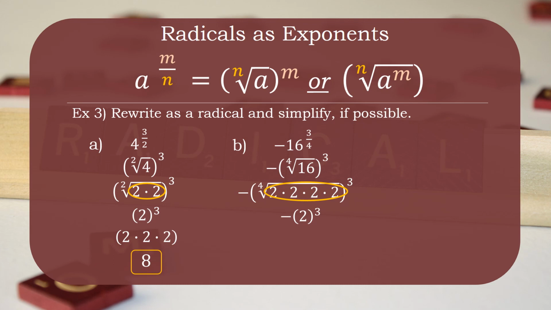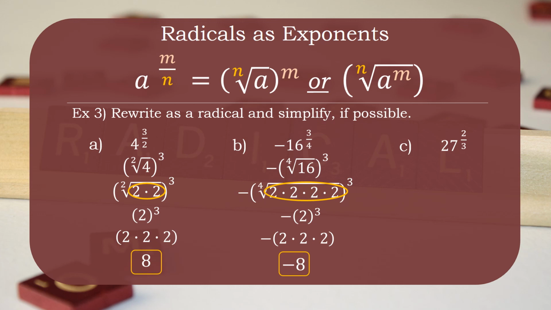Inside the grouping symbol, we have our 2, but our exponent is still on the outside. Now, according to order of operations, what comes next? Multiplication or exponents? Well, exponents, which means we write this as negative, still waiting out in front. And then the exponent is 2 times 2 times 2. So our final simplified answer would be negative 8.